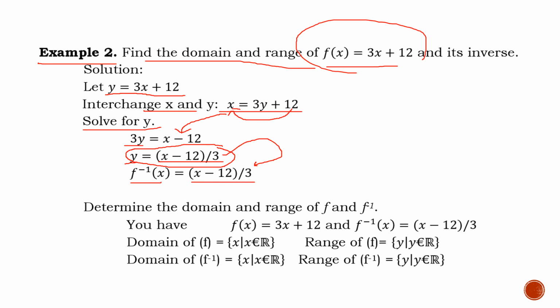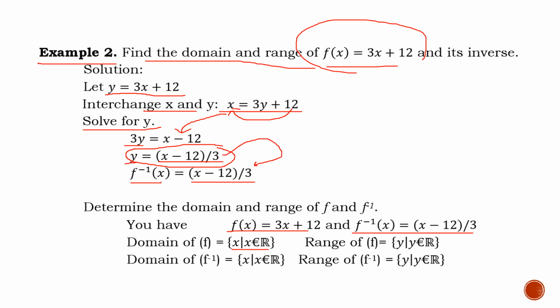Now, for us to determine the domain and range of f and f raised to negative 1, the inverse function of your original function, we have this f of x and its inverse function. Now, the domain of f is where x is an element of the real numbers, meaning the possible values of x can be negative, positive, including 0.